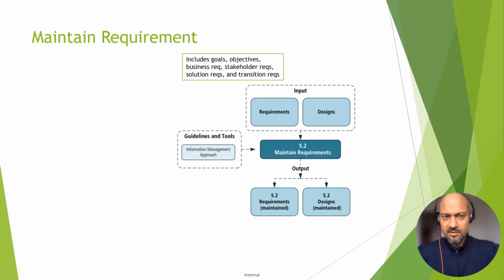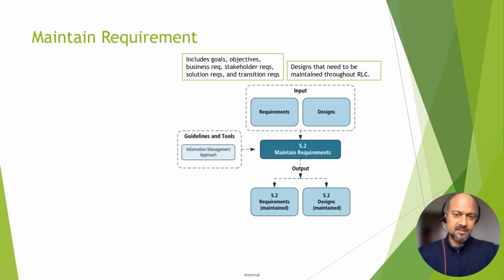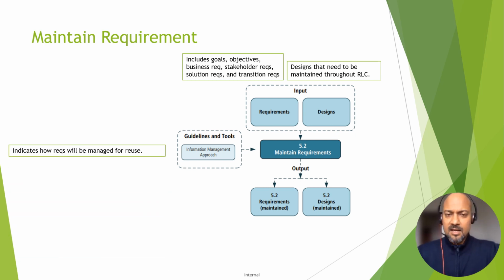First, you should have requirements, then only will you be able to maintain them. That is the sole purpose. The same goes for the designs that need to be maintained throughout the requirement lifecycle. So those should be present. And we should have an information management approach, which will help you manage how to reuse the requirements.